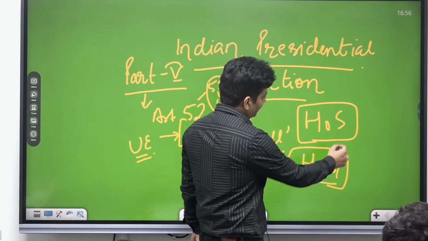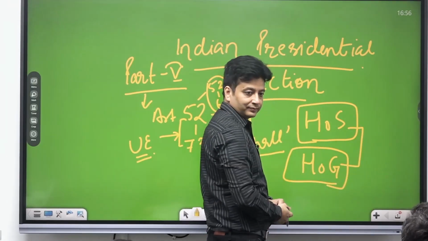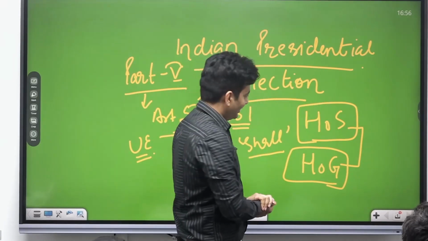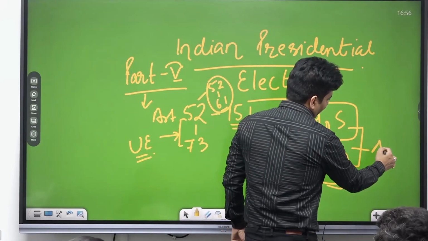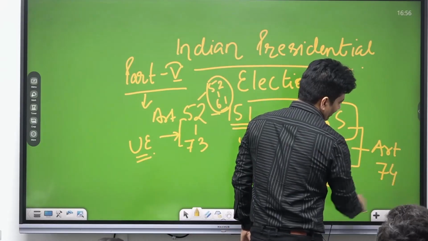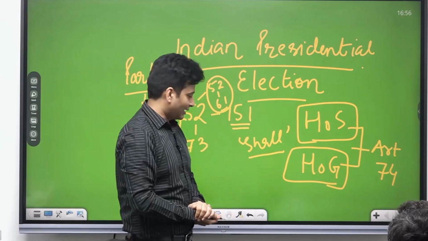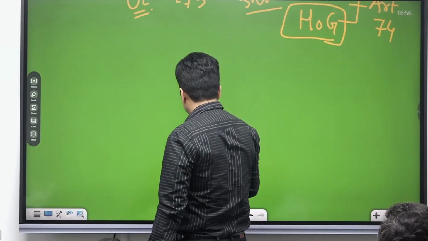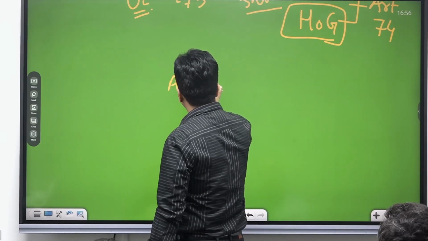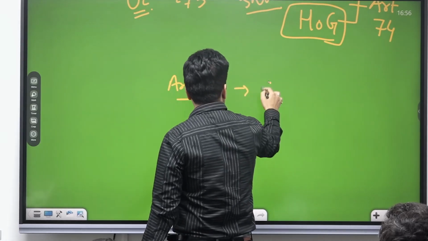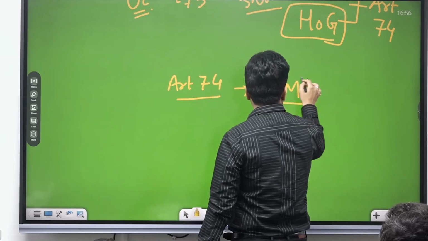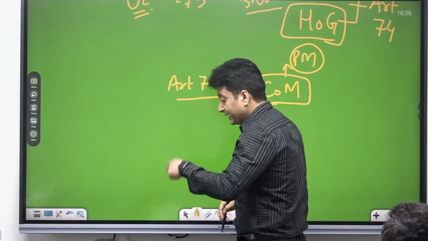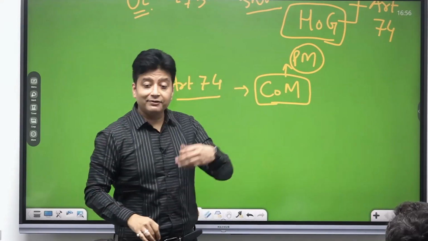But now the gap between these two is very much connected to the Indian president election system that we are following. And this gap you can cover by referring to what is called Article 74. Now, Article 74 says that there shall be a council of ministers headed by the Prime Minister to aid and advise the president every time.